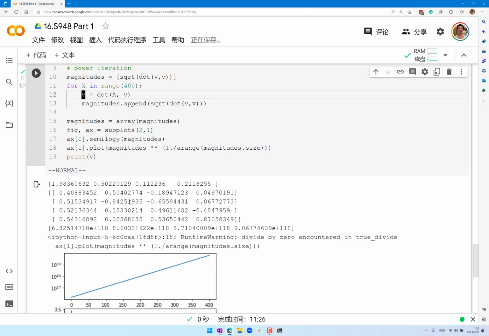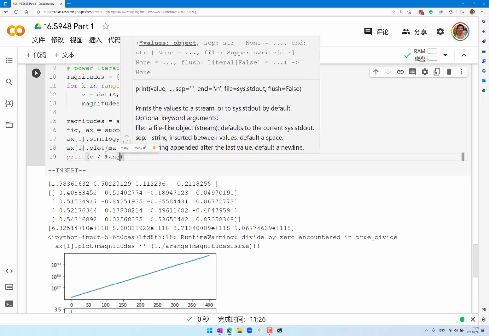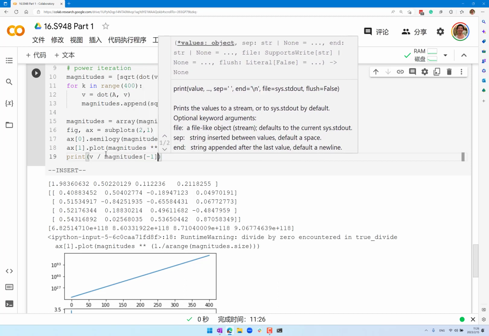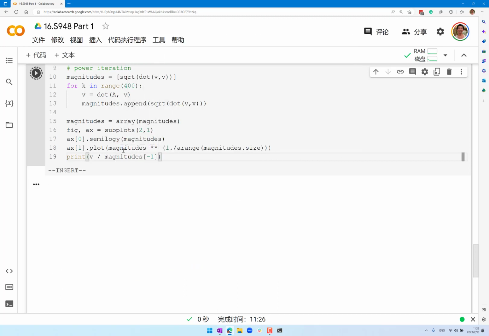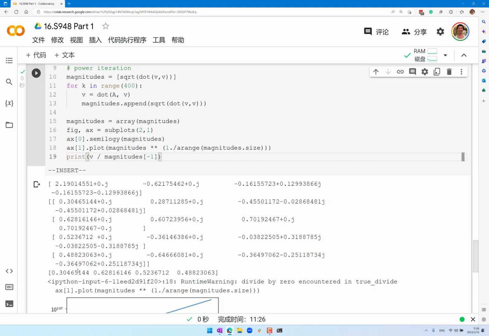Then this v, of course, is going to be very large, but if you divide it by the largest magnitude, magnitudes minus 1, that is going to be the magnitude of v. What you get is this: 0.304, 0.628, etc. And if you look at the first column of the matrix v, that's exactly the same as what we get.